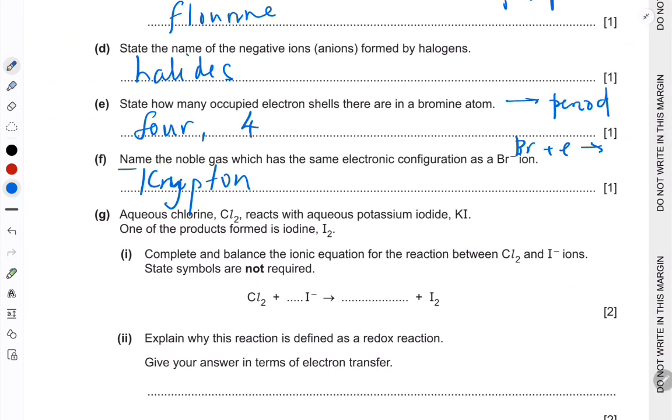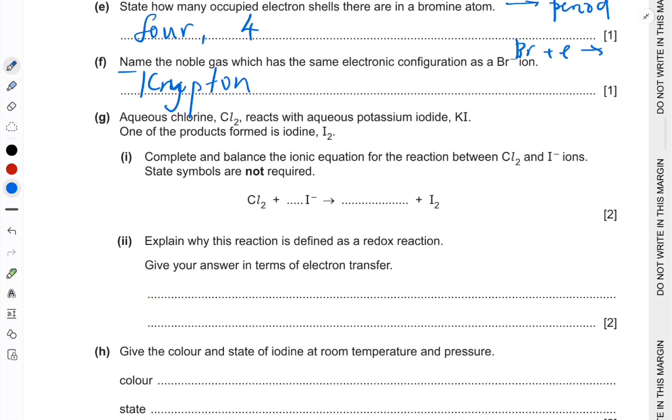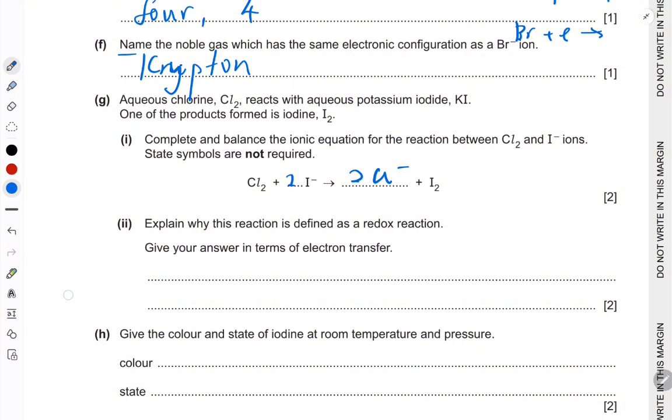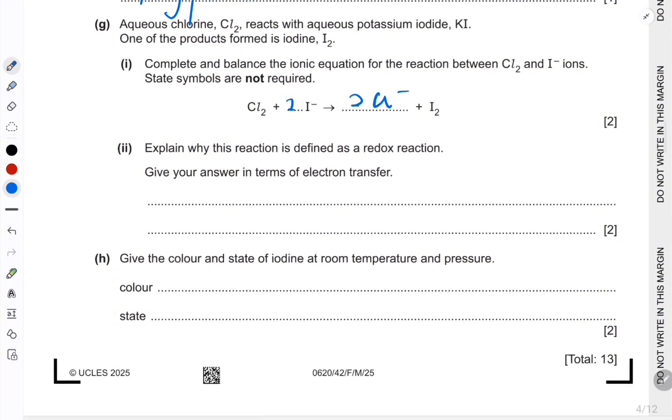Now, aqueous chlorine reacts with aqueous iodide. Complete this. Now remember, this will be a displacement, so 2 iodide, and in goes 2 chlorides. Right? Now, explain why this reaction is defined as a redox. I love oil rig. Oxidation is the loss, reduction is the gain of electrons.